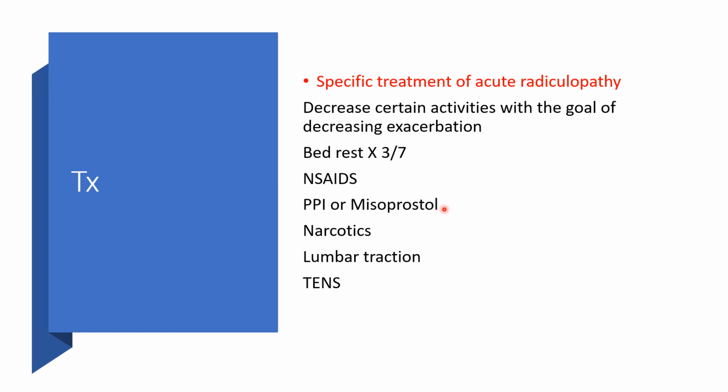inhibitors or misoprostol. Then, if you're not winning, you can add narcotics, but we're not going for hydromorphone now. We'll just settle at the level of oxycodone and so on. Then, lumbar traction, and then transcutaneous electrical nerve stimulation.